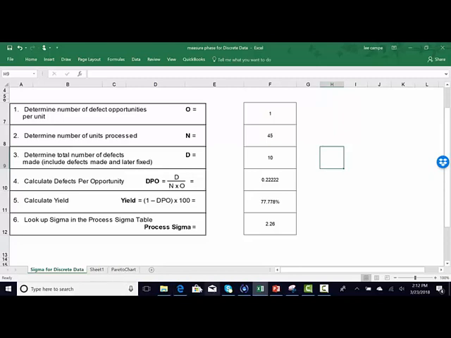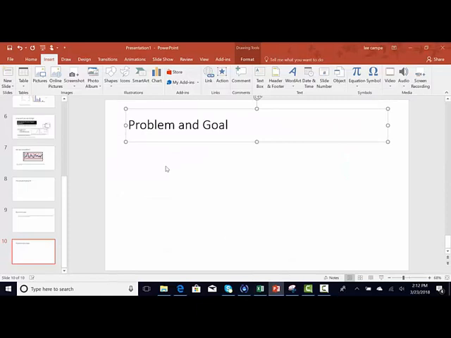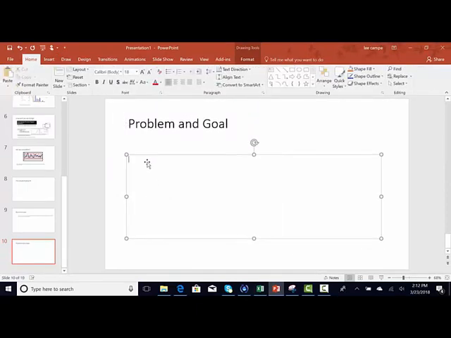I'm going to scope the project down, and I'm going to say that the problem is only 77% of students showed up with a laptop or the correct laptop.